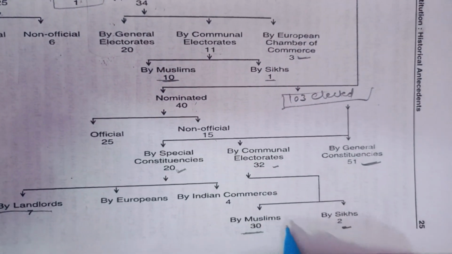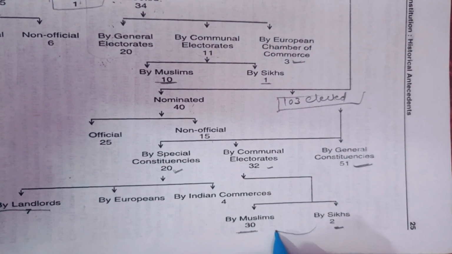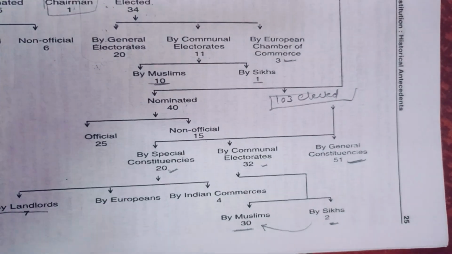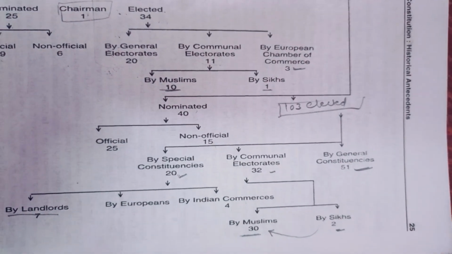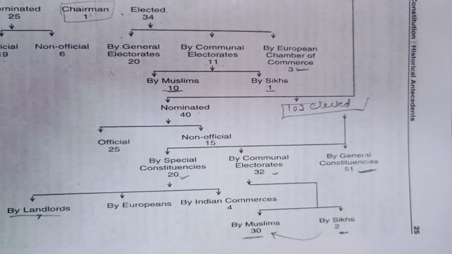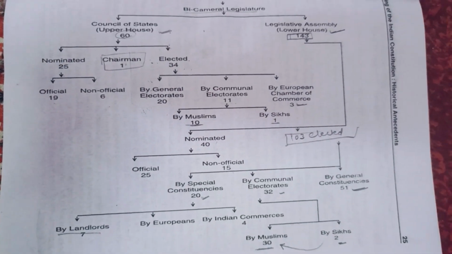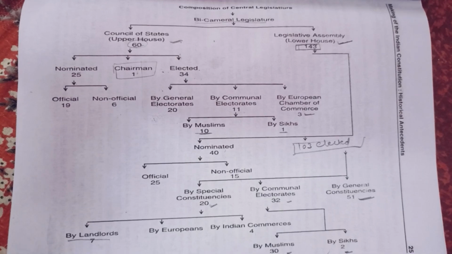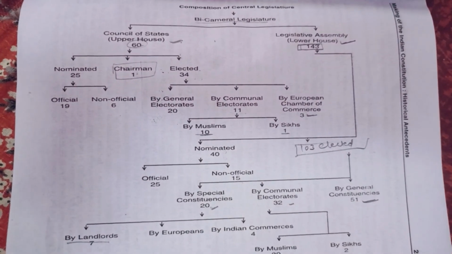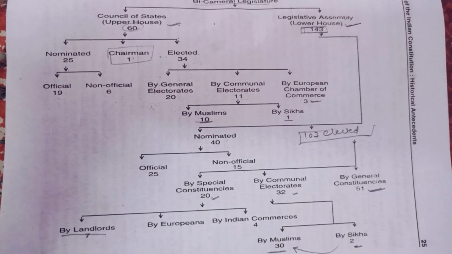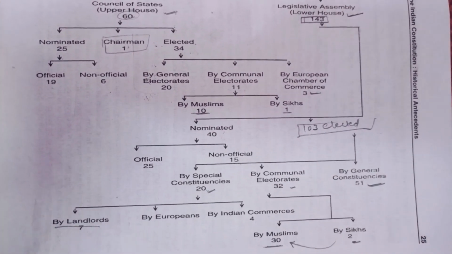So you can see that a very dominant representation of the Muslims was given in the previous 1917 and 1909 Act. We have seen that it was part of the policy of the British to divide and rule, so they gave more representation to the Muslims, and due to this, Muslims started thinking more as Muslims than as Indians.